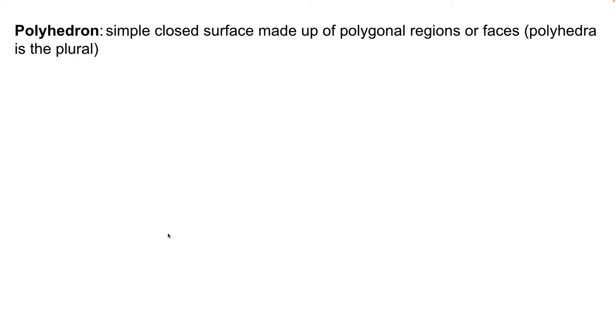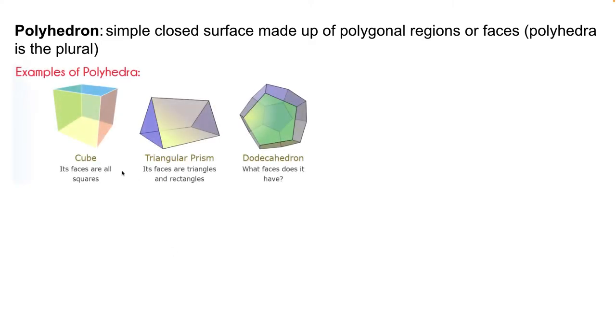All right. What is a polyhedron? A polyhedron is a simple closed surface made up of polygons as the regions of faces. So we are using the surface with polygonal regions. What is a polygon? Polygon means many angles, right?